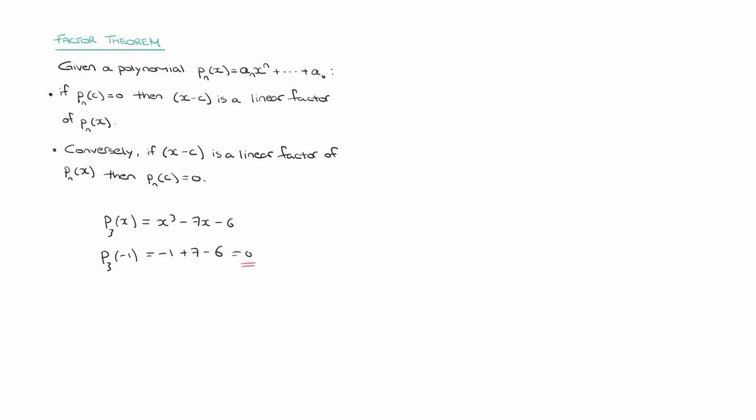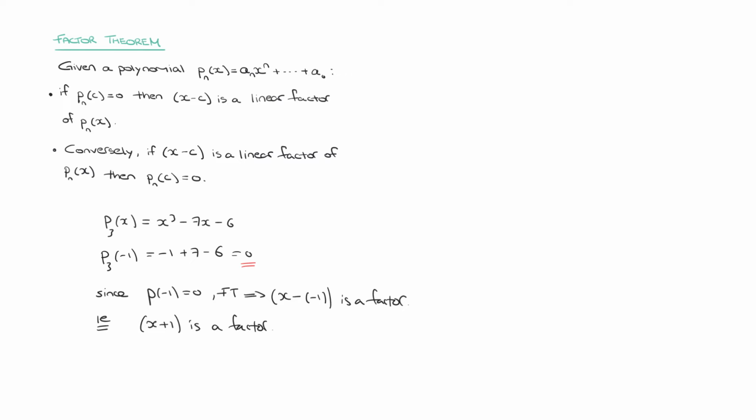We know that since p of negative 1 equals 0, the factor theorem, I'll just write capital F T for factor theorem, implies that x minus negative 1 is a factor. Of course, it's a linear factor. I'm just writing factor to go a bit faster. Now, I'm sure you can appreciate that x minus negative 1 is the same thing as x plus 1. So I'll just write that, i.e. x plus 1 is a factor.